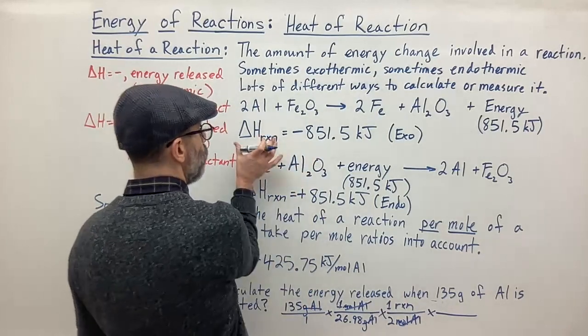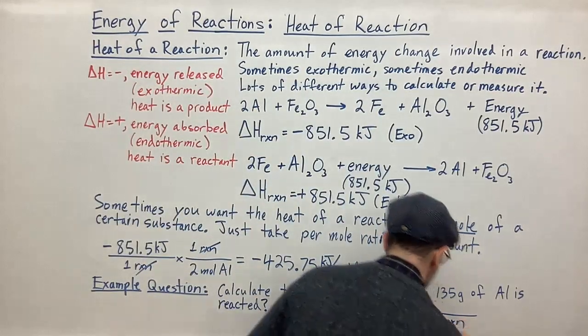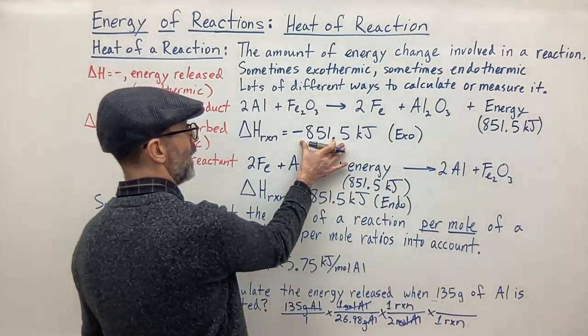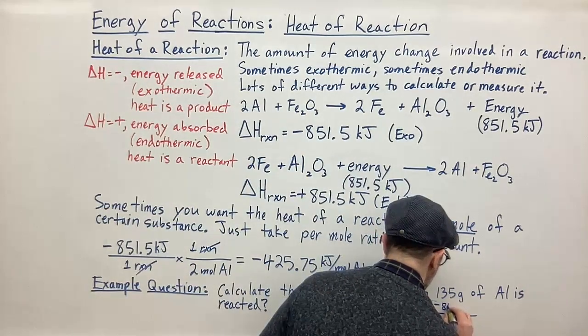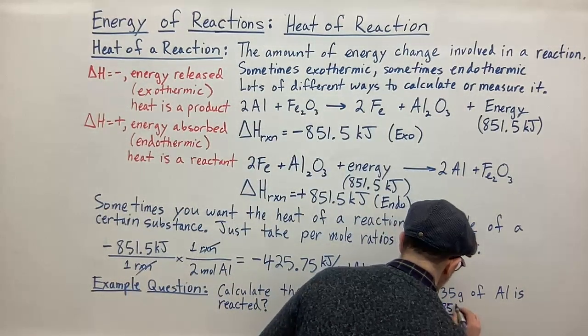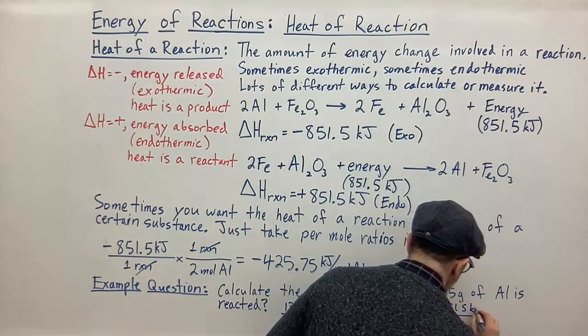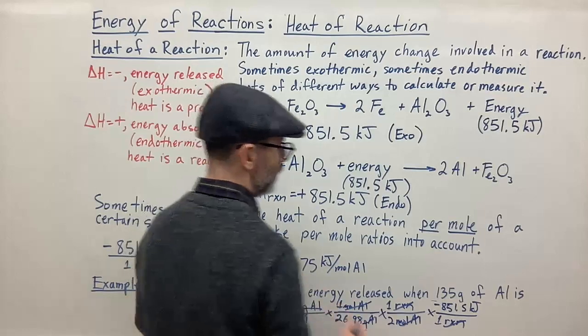So for every one reaction, so one reaction goes on the bottom, I release 851.5 kilojoules. So I put negative 851.5 kilojoules of energy. So reaction cancels out.